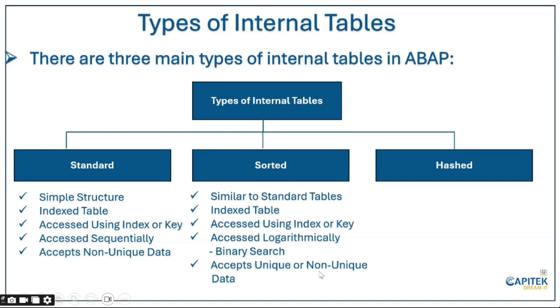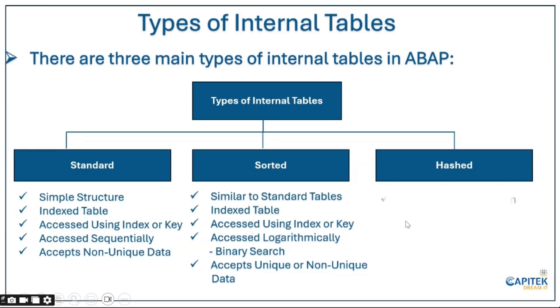And if you explicitly say non-unique, then sorted internal table will accept duplicate data. So it has the capability of holding both duplicate and non-duplicate data. That's about sorted internal table.